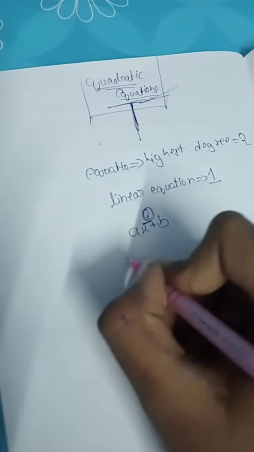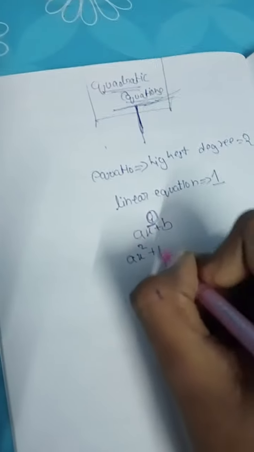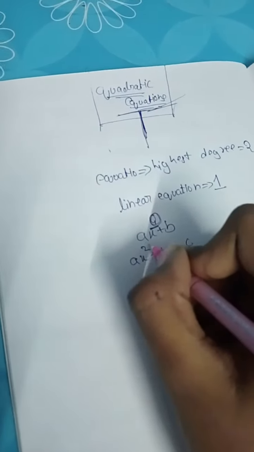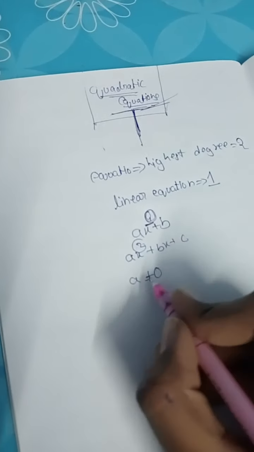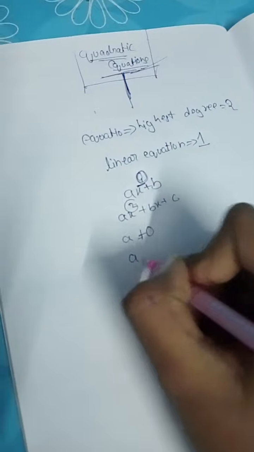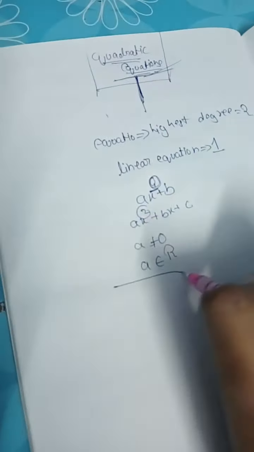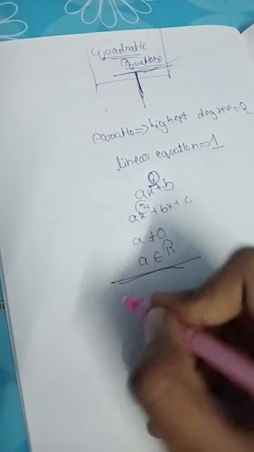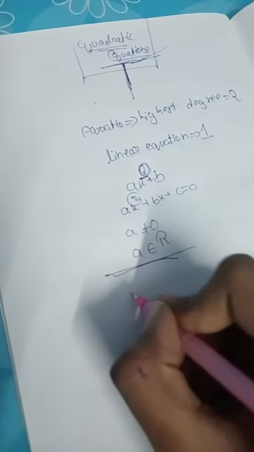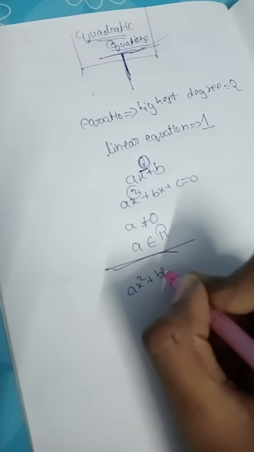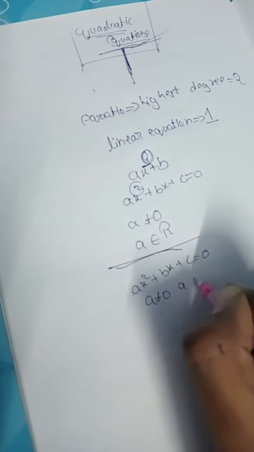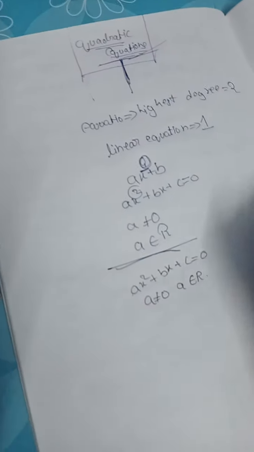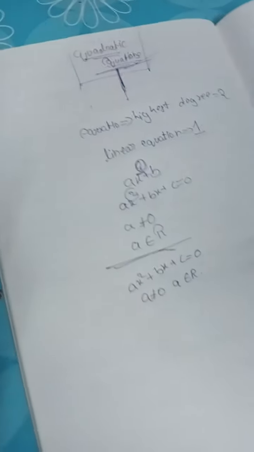Now a quadratic equation is in the form ax square plus bx plus c, where a is not equal to 0 and a belongs to real numbers. It's equated to 0, that is ax square plus bx plus c is equal to 0, where a is not equal to 0 and a belongs to real numbers. So this is a quadratic equation.